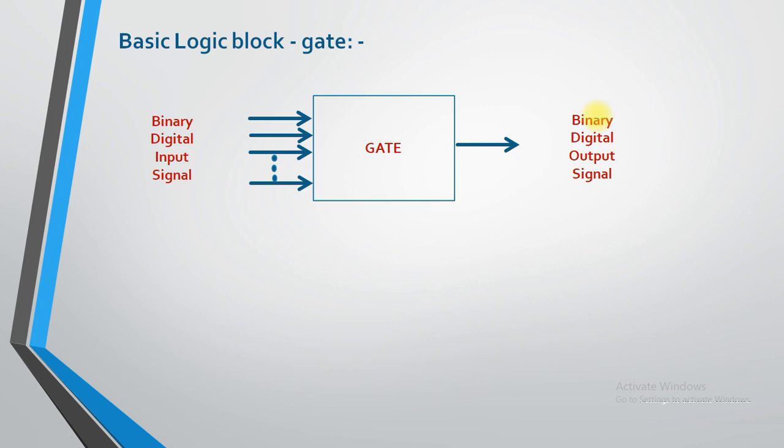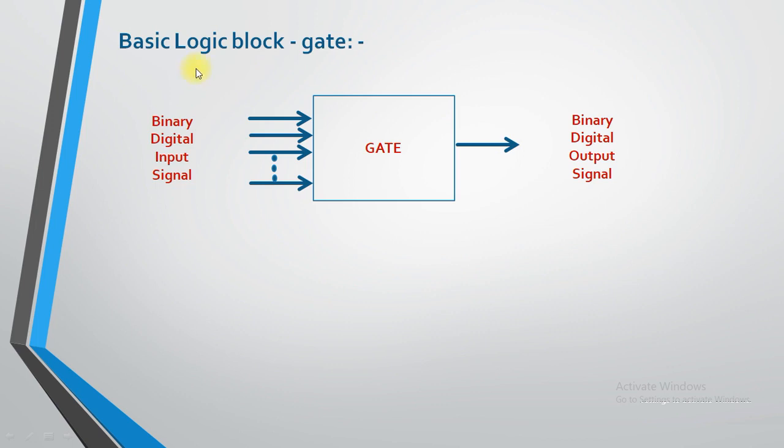Why is it so? Because our data is in the form of binary, so the output would be either 0 or 1, right? So the input signals may be any number, but the output is always 1.